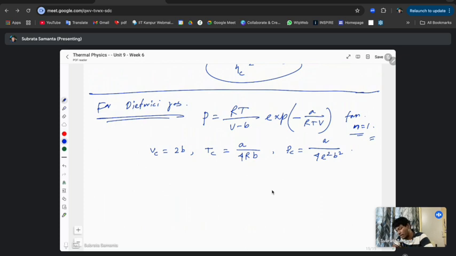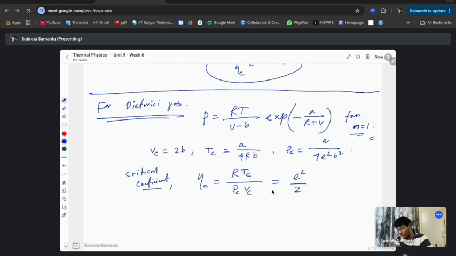So we calculate the critical coefficient. The critical coefficient eta C is RTC over PC VC, so this is basically E square over 2.